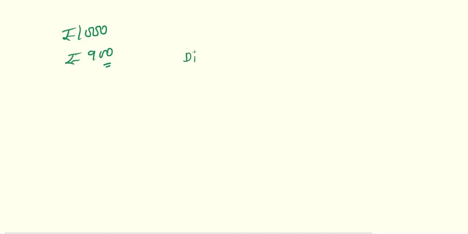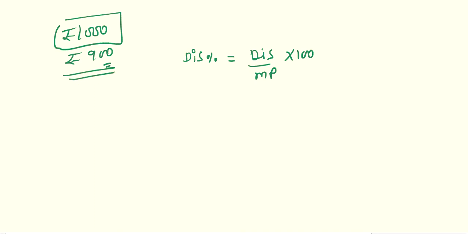As you know, discount percent equals discount upon marked price into 100. 1000 was the MRP and he sold it at 900, so the discount is 1000 minus 900, which is 100.